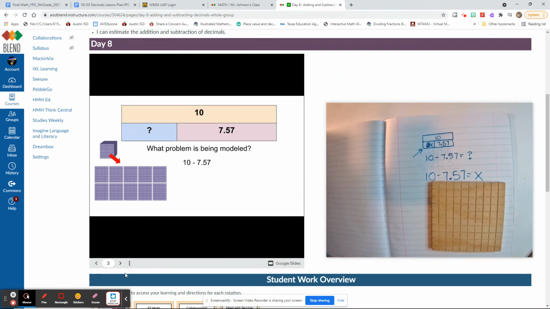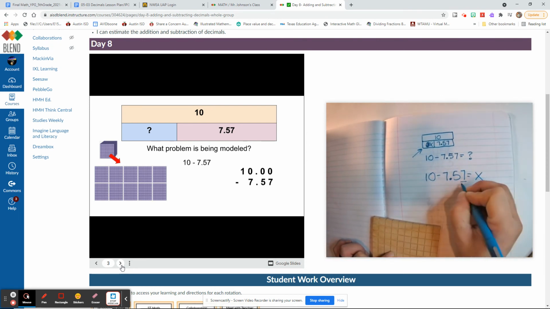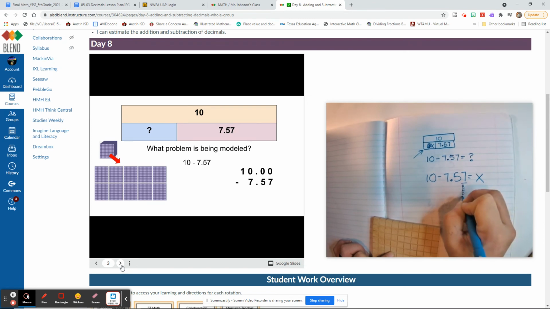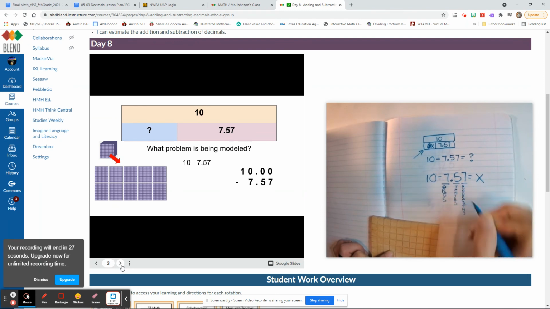So now, just like we did yesterday, we're going to cross out 7 hundredths, 5 tenths, and 7 wholes. Remember, that's because I have 7 hundredths, 5 tenths, and 7 ones or whole numbers, right?